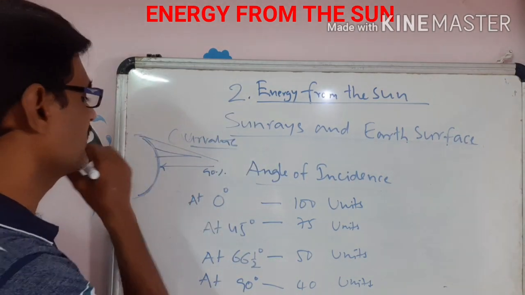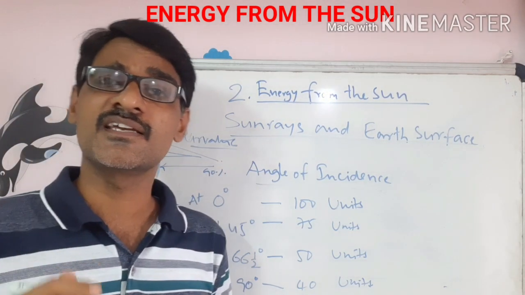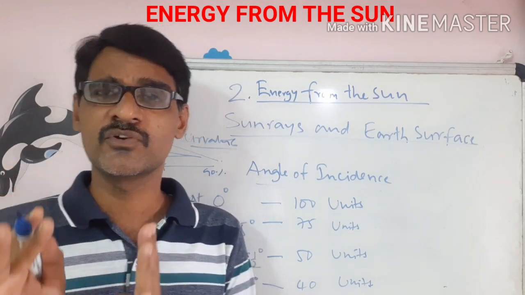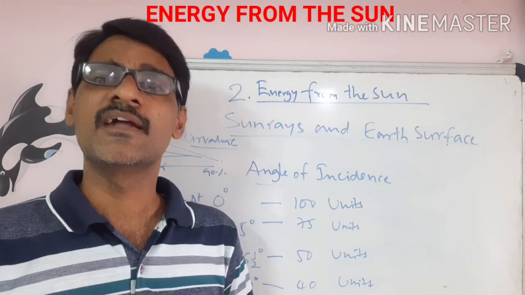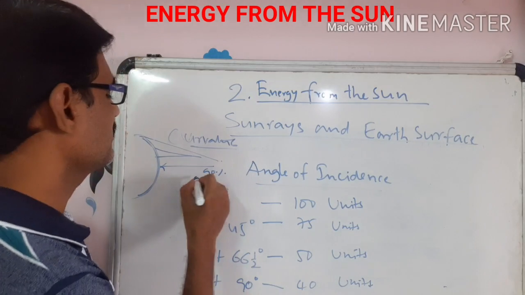Due to this curvature, the sun rays which are falling in the equatorial zone are falling directly at 90 degrees.